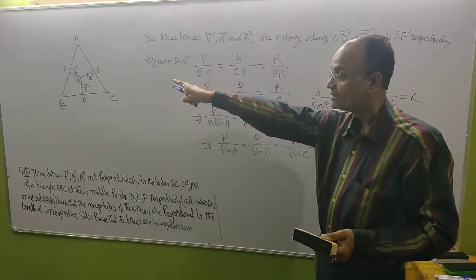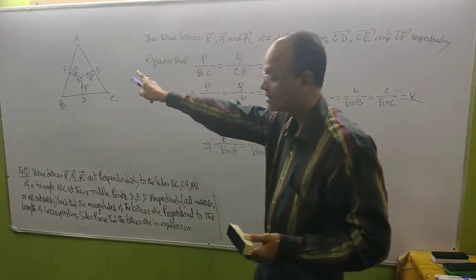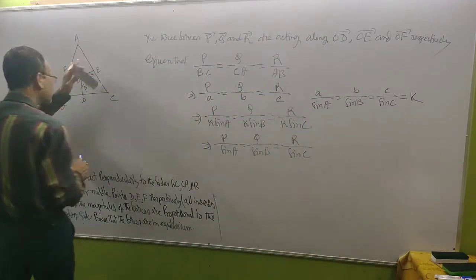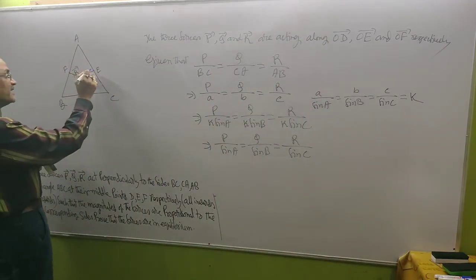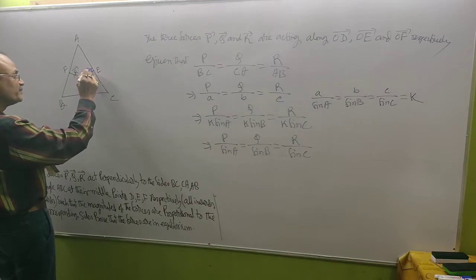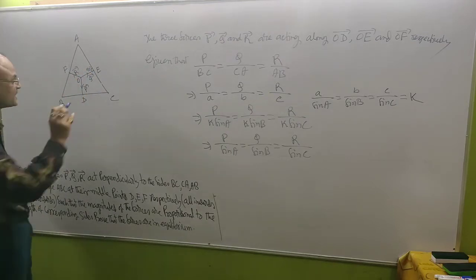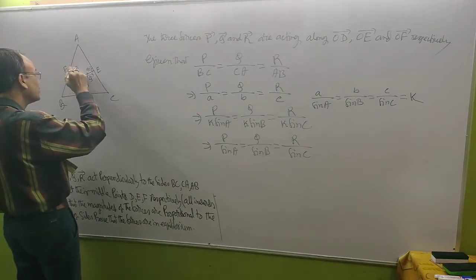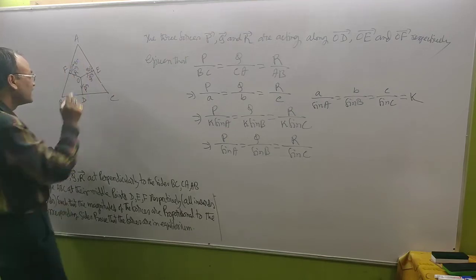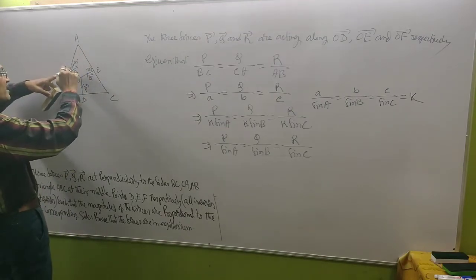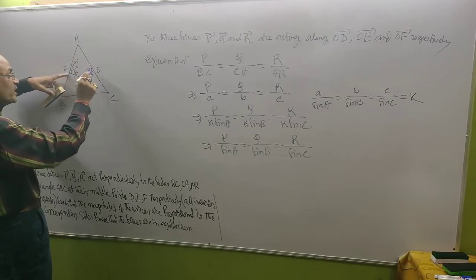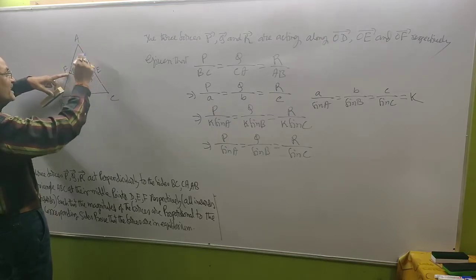Now, notice the diagram. This angle is 90 degree. It is given in the question. This angle, this is also 90 degree. AFOE is a quadrilateral.